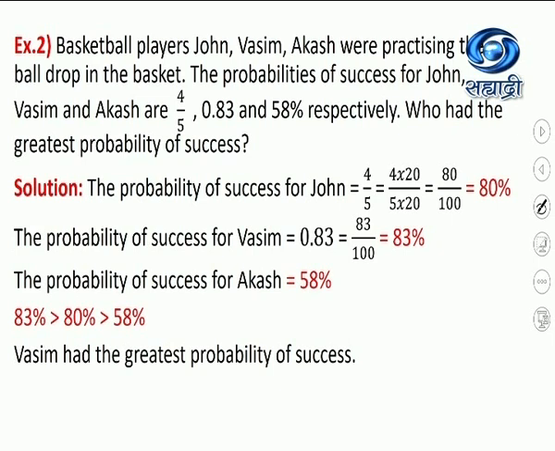Now one more example. Basketball players John, Wasim and Akash were practicing the ball drop in the basket. The probabilities of success for John, Wasim and Akash are 4 by 5, 0.83 and 58% respectively. Who had the greatest probability of success? So children, in the solution, the probability of success for John is given as 4 by 5.